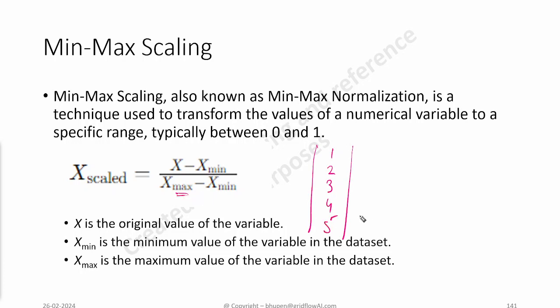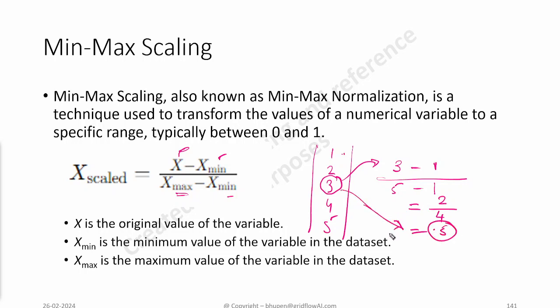What we do is find the maximum, so the maximum is 5, the minimum is 1, and let's say I want to transform the value 3. So take the value x, which is 3, minus the minimum, which is 1. That's going to be 2 over 4. So this value will be 0.5. So what we're saying is when we normalize, the 3 will be normalized to 0.5.